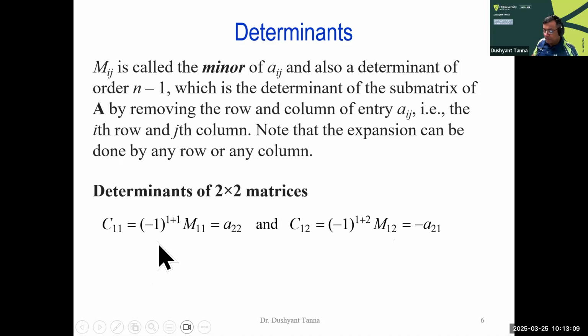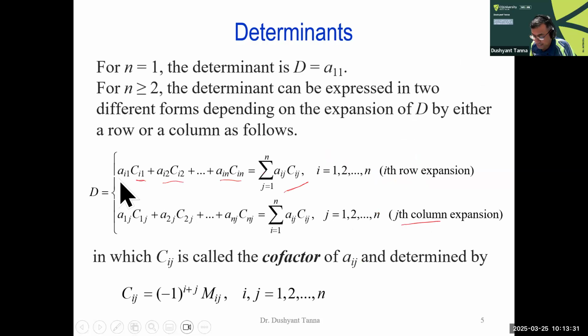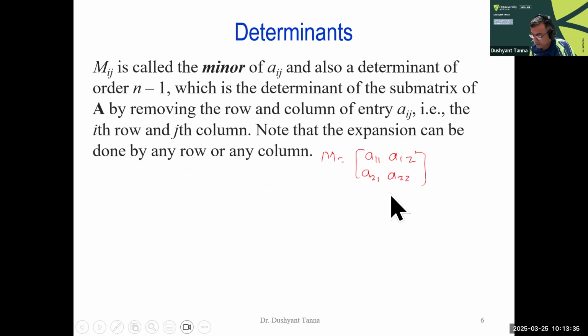Okay, so let's talk about a 2 by 2 matrix. Let me pick up a matrix M: A11, A12, A21, A22, right? If you go to the definition of determinant, Ai1 Ci1 plus Ai2 Ci2, right?